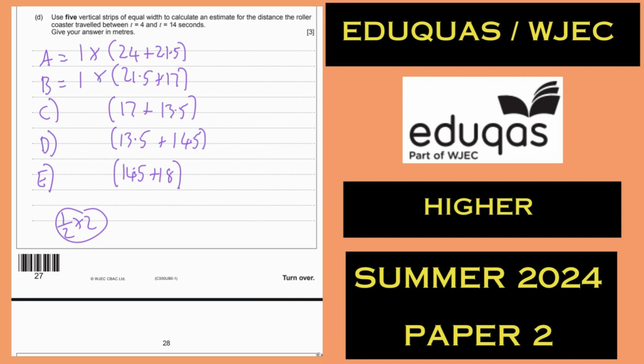I forget what the mark scheme says, you're allowed a bit either way because of the 0.5s and so on, but the perfect answer is 175.